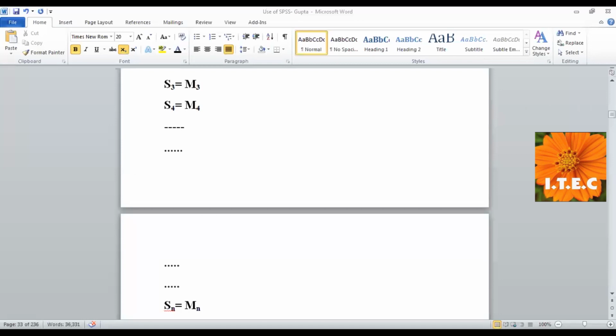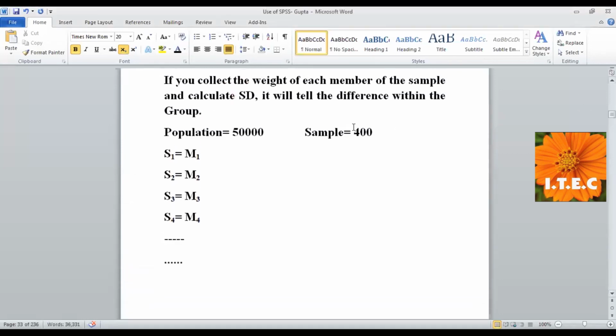See, you are taking the 400 people out of 50,000 and take the weight of each and every person and then take the mean. That becomes M1. Now, these 400 again become the part of the 50,000. Now, again 50,000, take another 400.